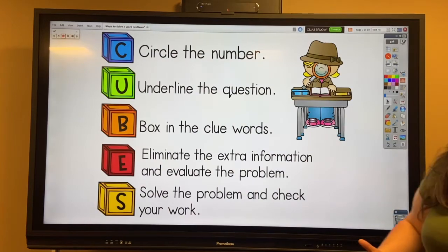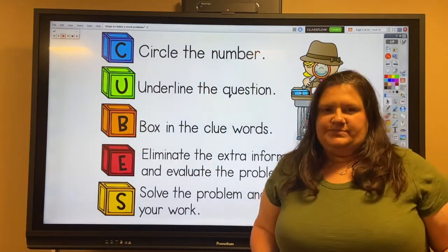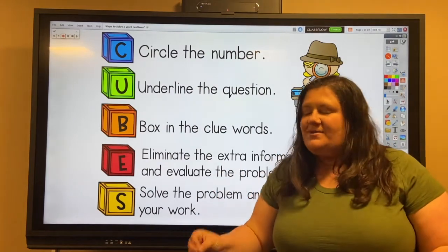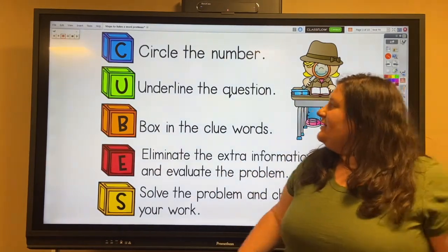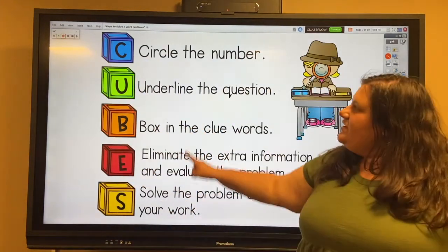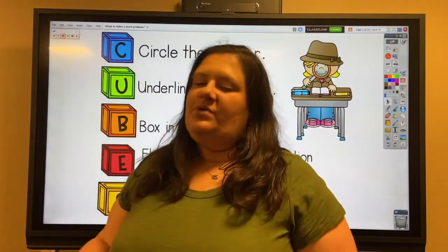And how we will solve word problems is using the acronym CUBES. You know how a cube is a three-dimensional shape. CUBES is spelled C-U-B-E-S, and each one of those letters stands for a way for us to solve word problems.